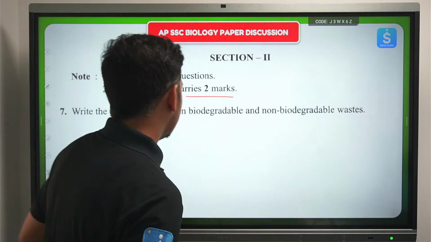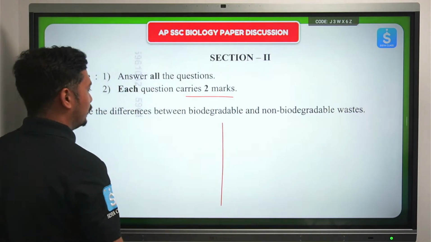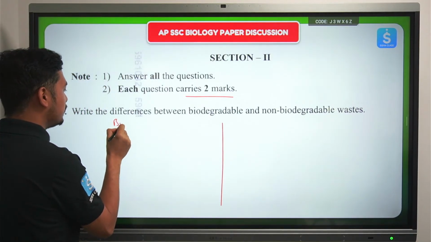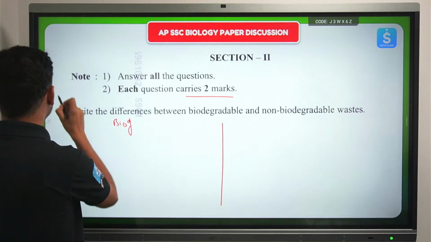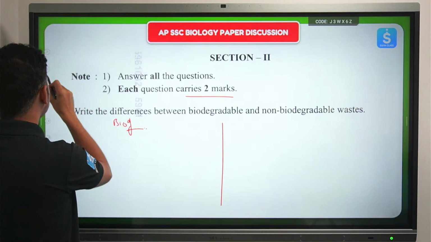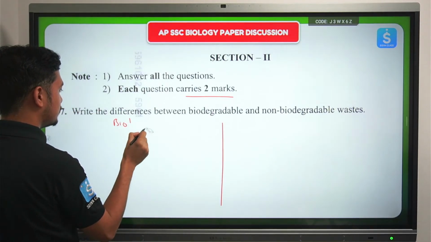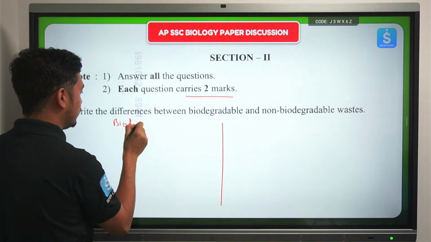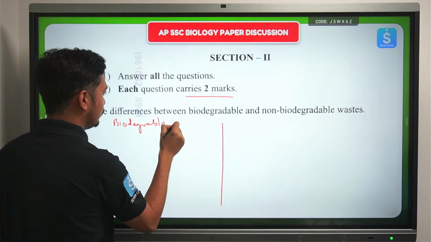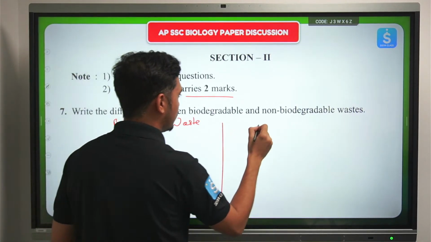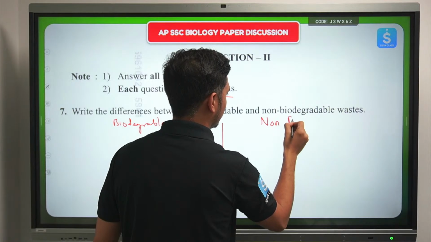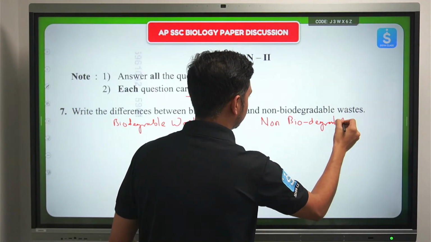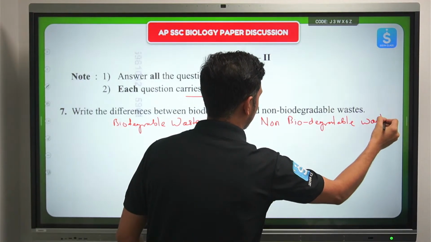For differentiation, it's always good to create a differentiation table, so we have biodegradable waste and non-biodegradable waste.